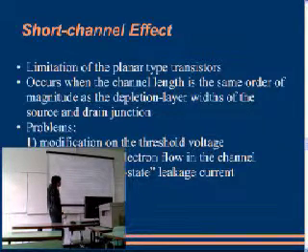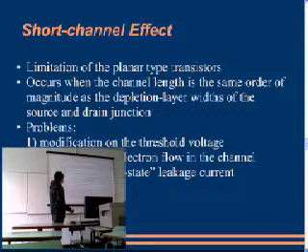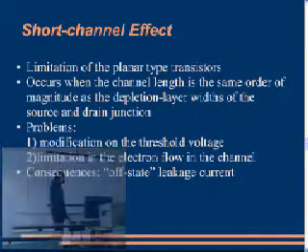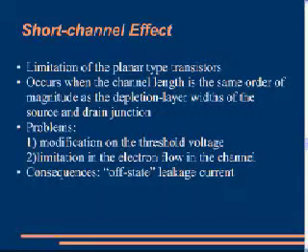And when this is small enough, we can have the flow of electrons through them without having a channel, and we have a leakage current again, and a modification of the threshold voltage. The threshold voltage is the minimum voltage to create a channel in the MOSFET type transistor.